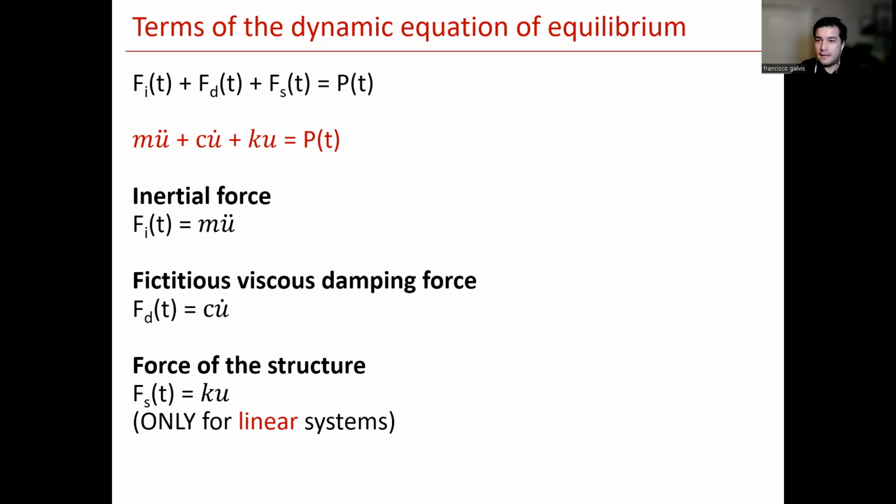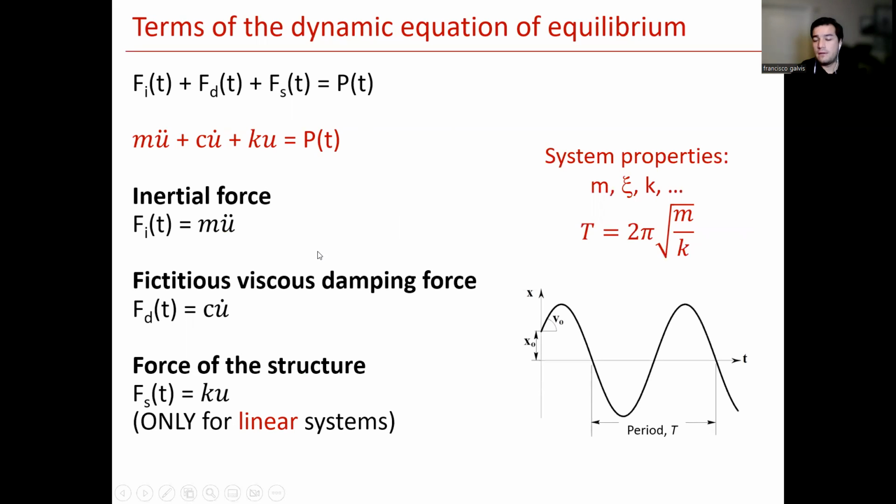Again, this is not yet a ground motion problem. This is only a dynamic problem. You have an external force applied to it, right? So that's when we have all of our components. Now, for a single degree of freedom system, we can simplify this equation and play with the terms to identify that we can define the vibration response of a single degree of freedom with only two parameters: the structural period and the damping coefficient, right?